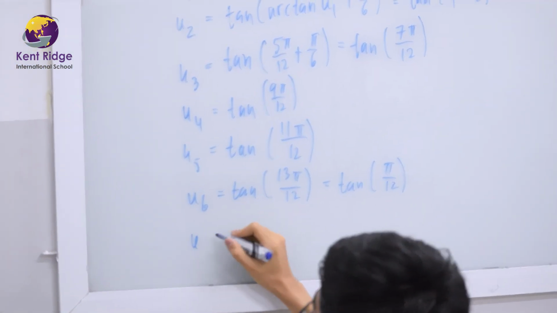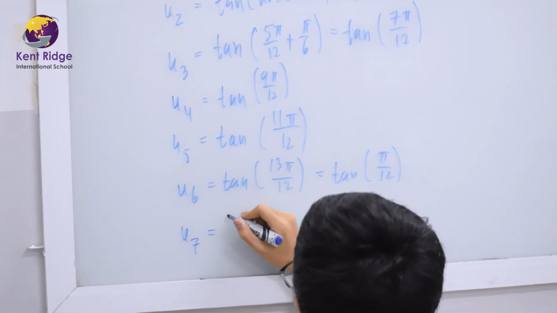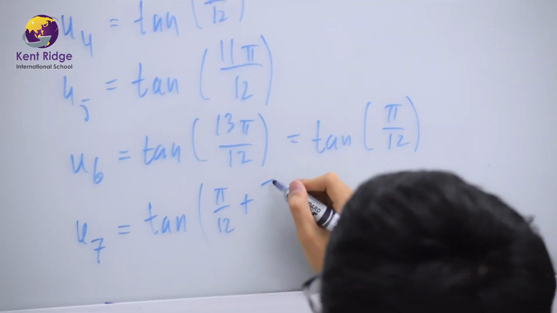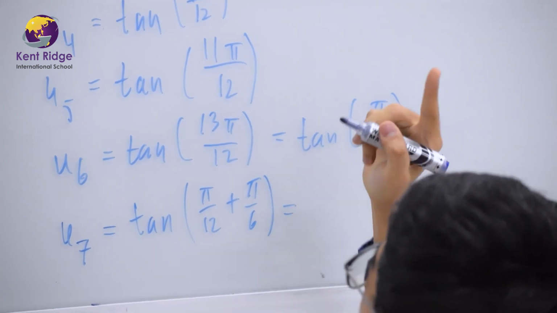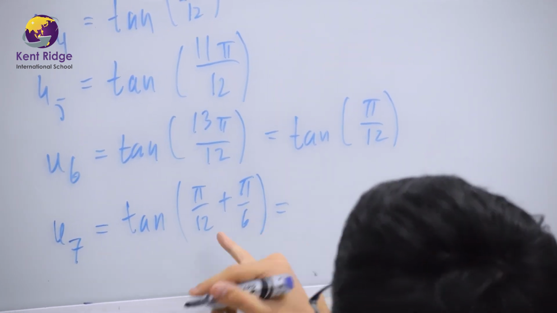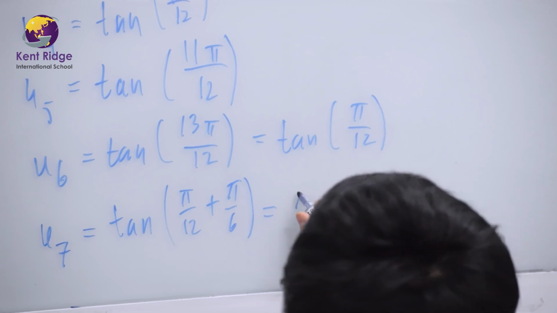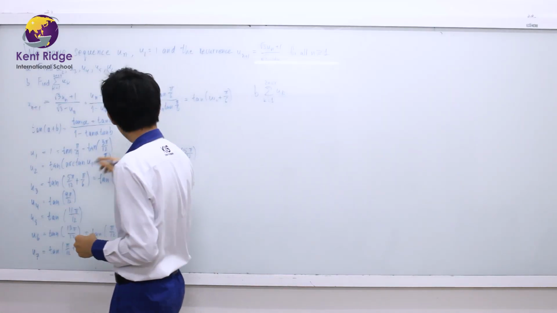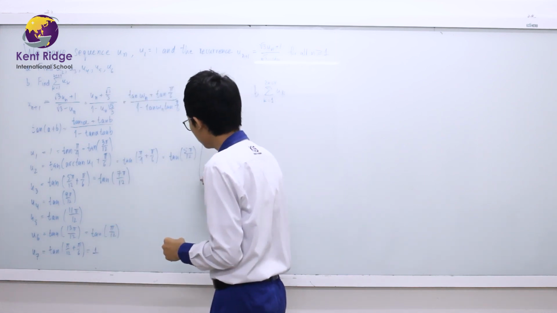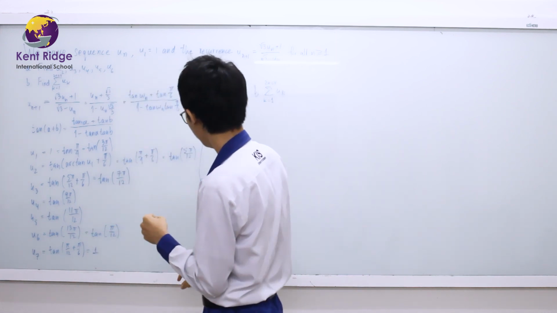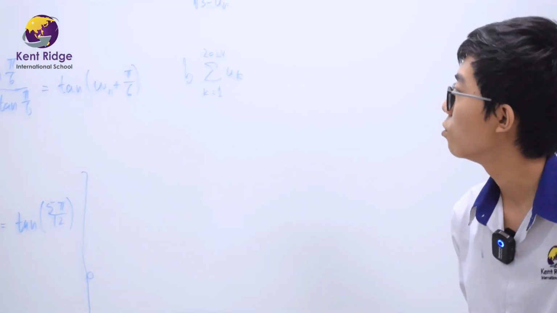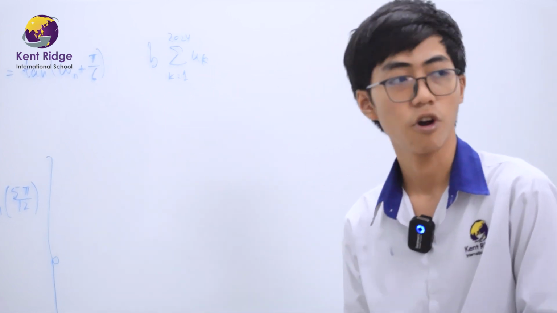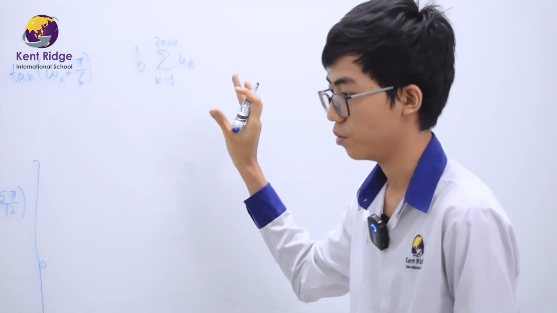If you go to u7, you'll find that it reverts back to the start. So this would be 3 pi over 12, then it's just going to be 1 as such. So all this from u1 until u6 is a pattern that will keep re-emerging until 2024. So we want to figure out the sum of these 6 terms, then we can figure this one out.